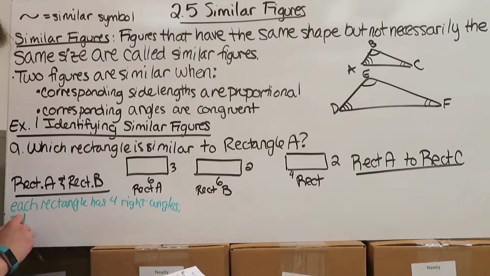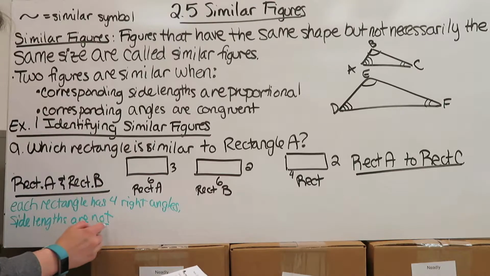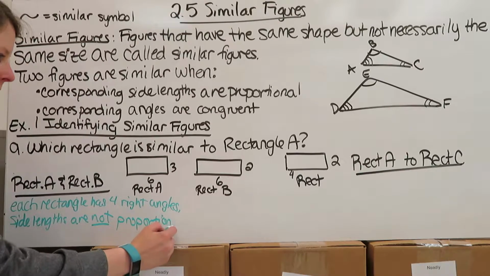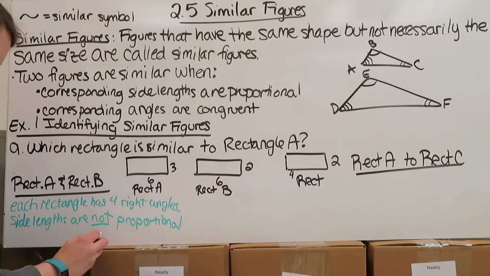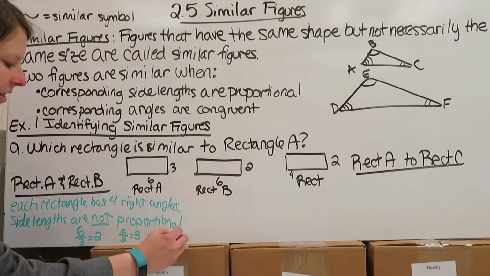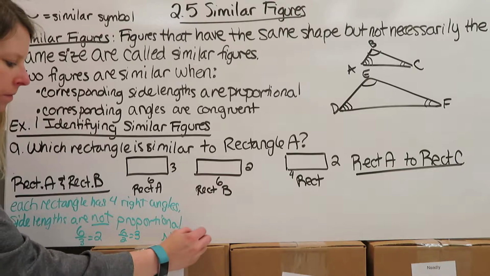The side lengths are not proportional. So if we have 6/3 for the first one, that reduces down to 2, and then 6/2 reduces down to 3. So not similar.